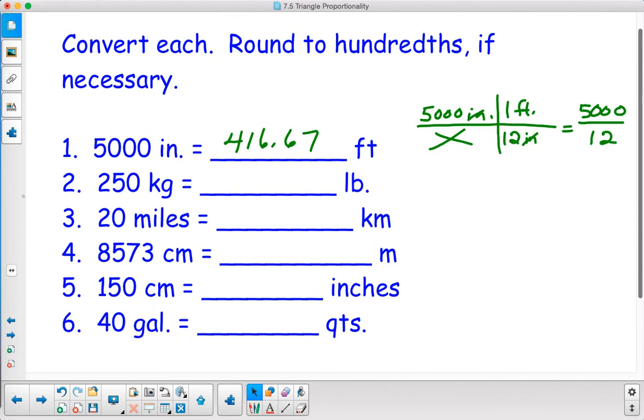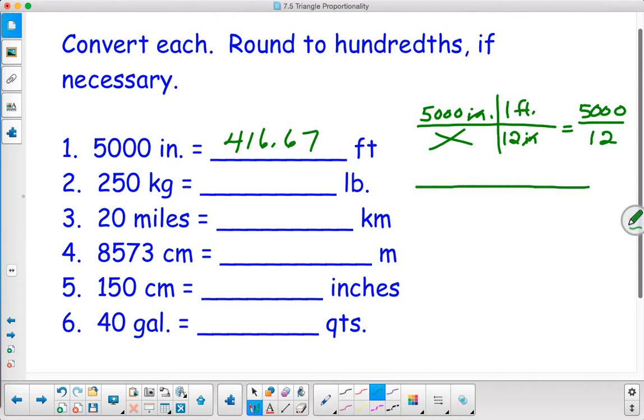Okay, with the 250 kilograms into pounds, again setting up tracks, we have 250 kilograms. I forgot my 0. 250 kilograms. Okay, nothing on the bottom. On my kilograms and pound conversion, it says 1 kilogram is 2.2 pounds.